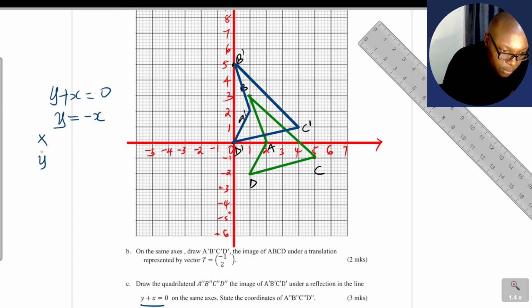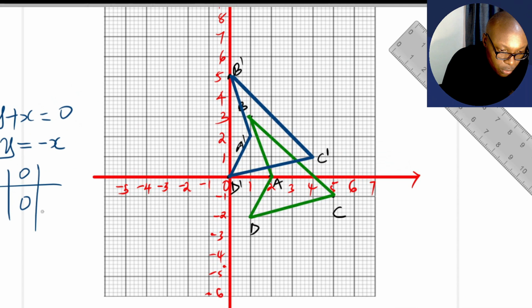So you can just pick 3 points to draw this. So x and y. When x is, for example, 0, y will be 0. When x is -2, y will be 2. When x is let's say -4, y will be 4. You're just using this equation, y is equals to -x. So you can plot these points.